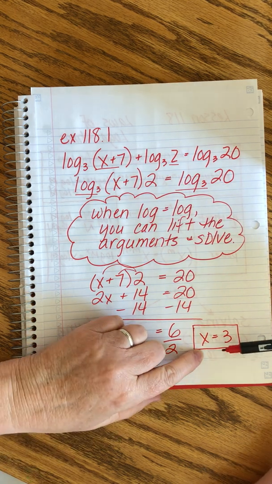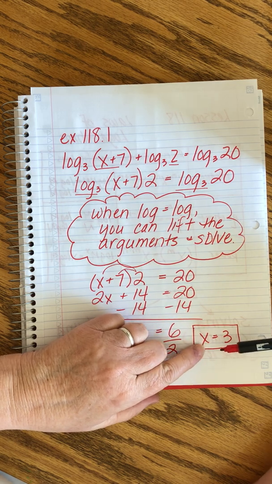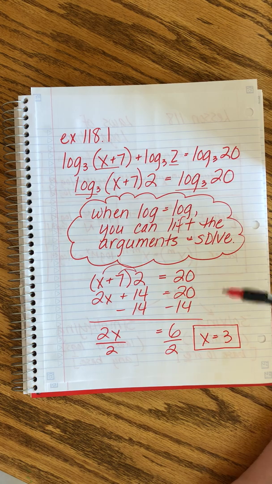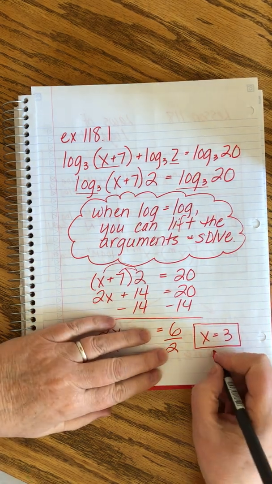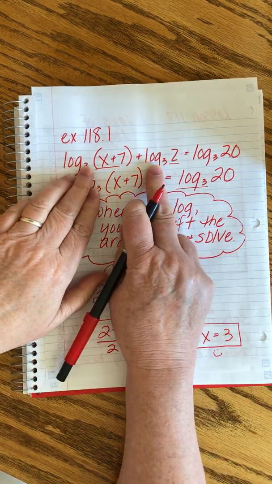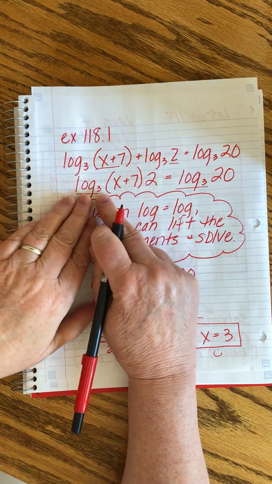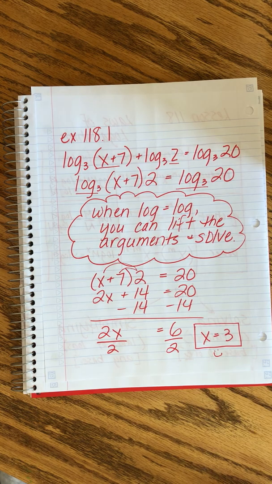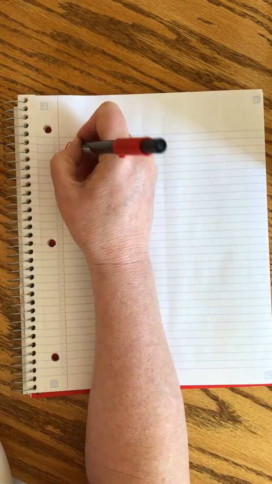We're solving for an unknown, but we're not solving the log expressions, if that makes any sense to you. But this is this beautiful process where if we can reduce both sides to being a single log expression, then we can lift the arguments and solve. Happy days. Okay, let's do the next one.